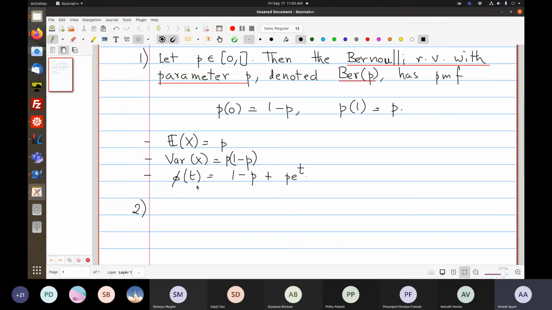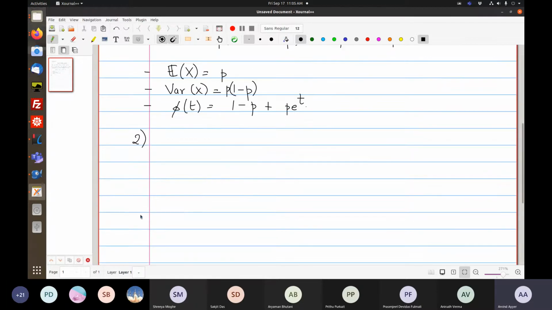Okay, so this is the first and maybe silliest example, but it is useful, as I said. The next is more interesting, and I have given you a flavor of it in one of the quizzes. So let again p be in closed 0, 1 and n be a non-negative integer.